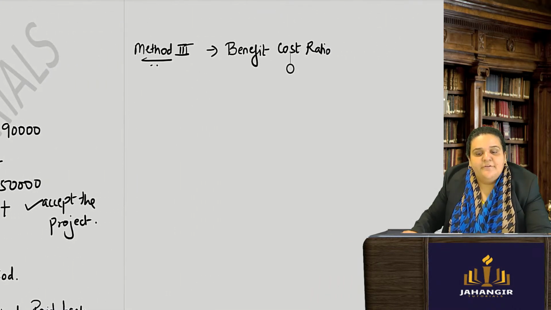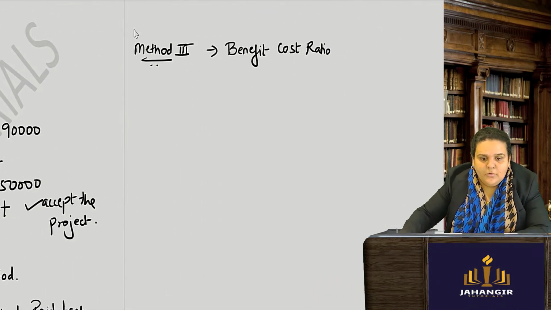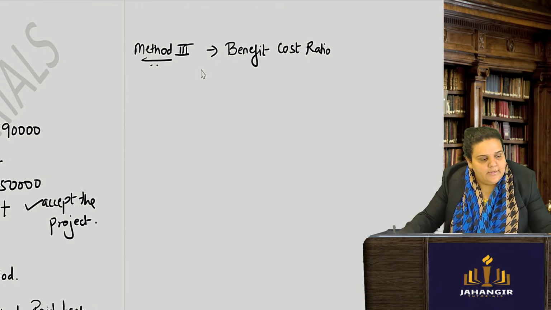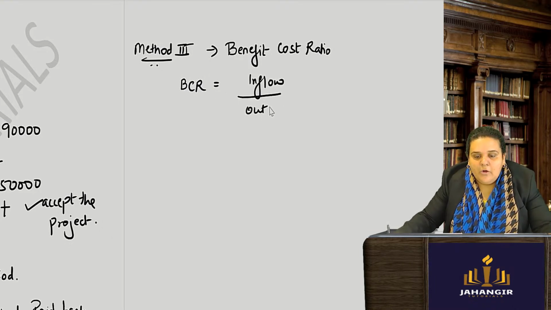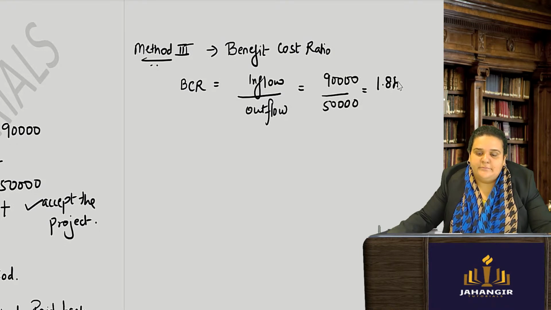But in case of benefit cost ratio, the formula is the same, inflow upon outflow. How much is the benefit over my cost? My benefit is 90,000 over the cost of 50,000, so my benefit cost ratio is 1.8 times.